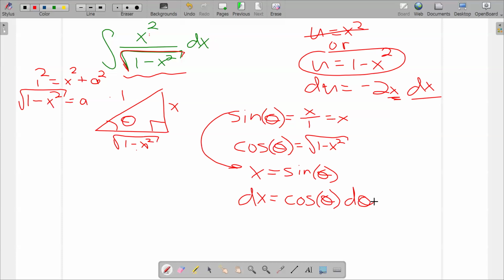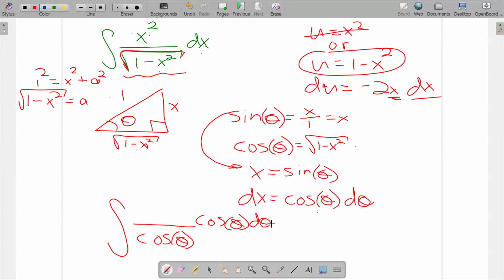So it turns out I can substitute all of the x stuff out of here with trig. Rewriting this, I'm going to get the integral. The denominator is just the cosine, because the denominator is the square root of 1 minus x squared. So I get a cosine there. dx is the cosine of theta d theta. Well, that's nice, isn't it? Those cosines are going to go away.